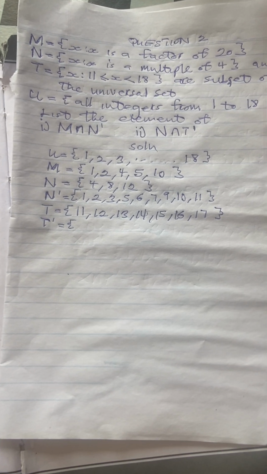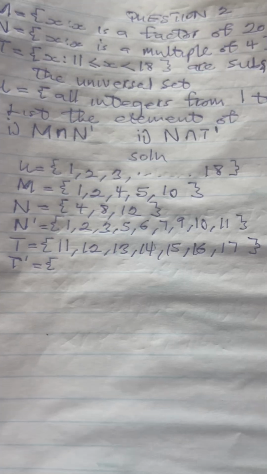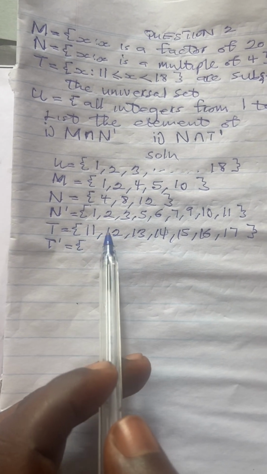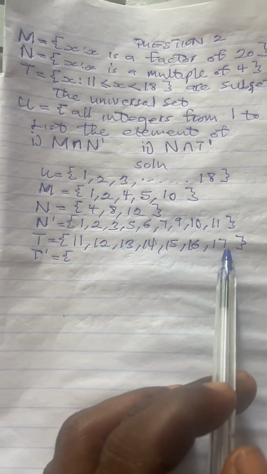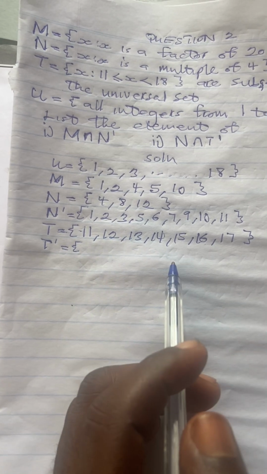So t complement, they are also the numbers that are not in the t set, but it's also in the what? In the universal set, right? So now let us read it because this is the t set. 11, 12, 13, 14, 15, 16, 17. So what are the numbers in the universal set but it's not in the t? They are the t complements.